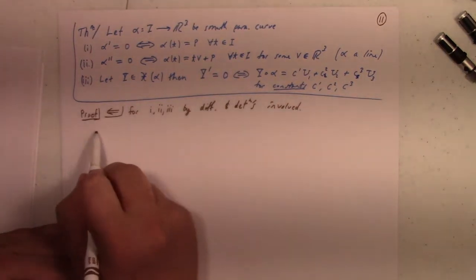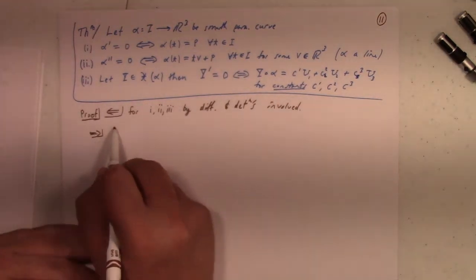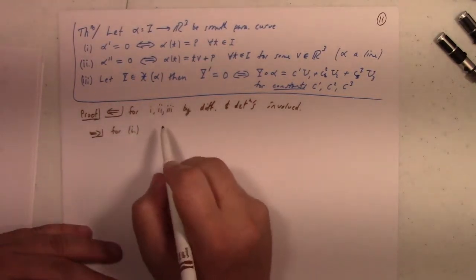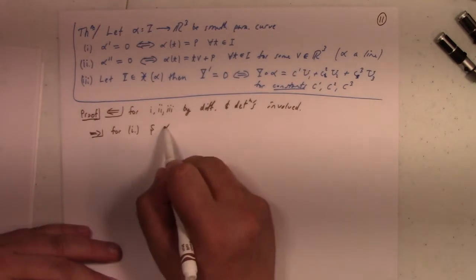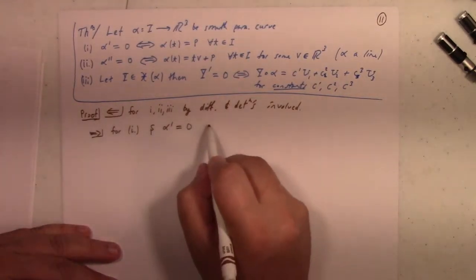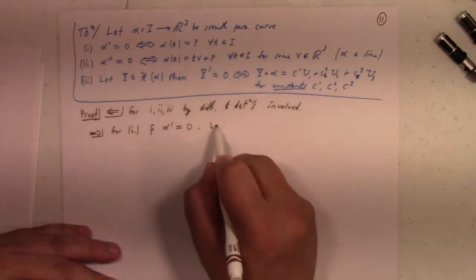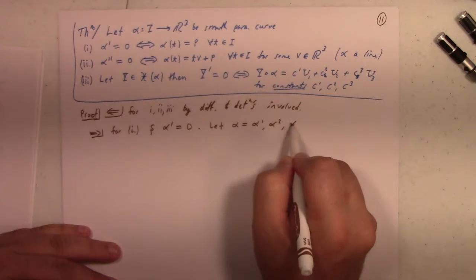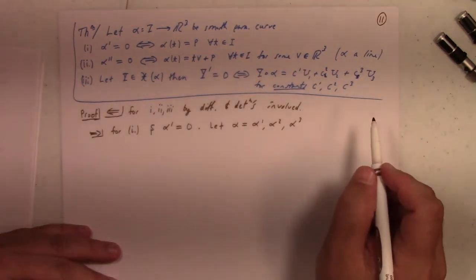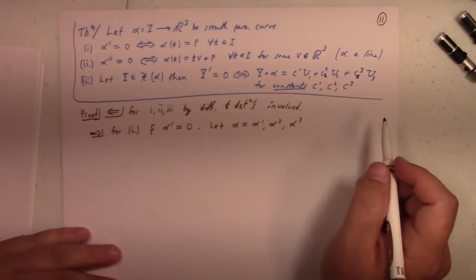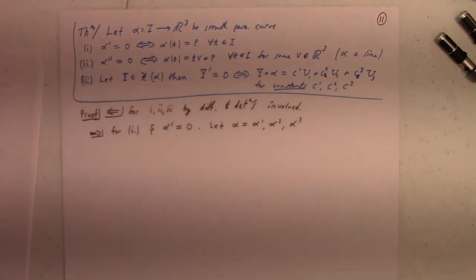So let's look at the other direction for 1. Suppose alpha prime is equal to 0. What does that mean? Let alpha equal alpha 1, alpha 2, alpha 3. Oh, did I forget to define something?